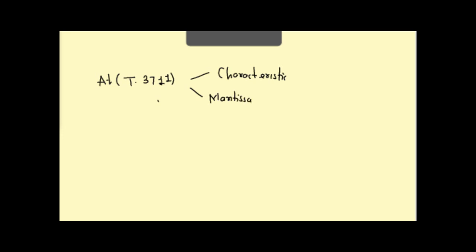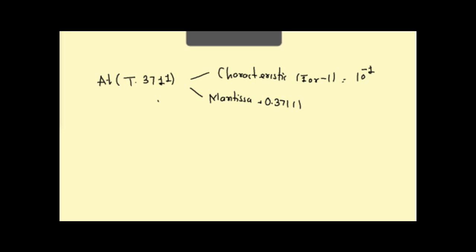In this case, our characteristic part is bar 1 or minus 1, and the antilog will be 10 raised to minus 1. Okay, mantissa part is plus 0.3711. So for antilog of this value we have to look in log tables.